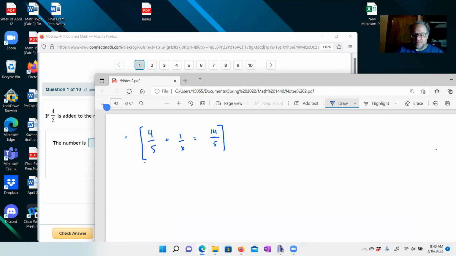I've been doing that for all the other problems. So even though there are other ways to do this, what if we multiplied everything by 5x? Because 5x would be our common denominator. So my first step here is to identify the common denominator, but we're really trying to clear the fraction.